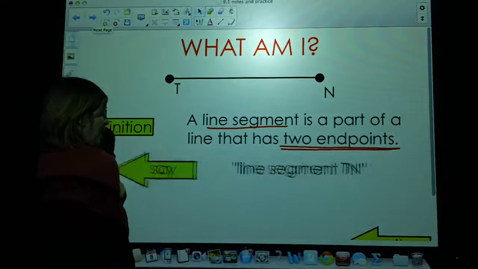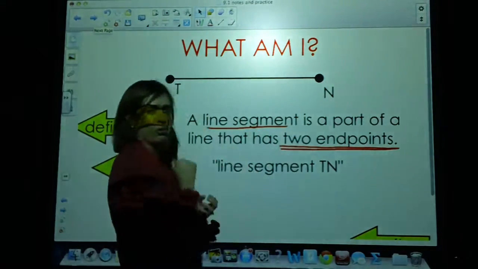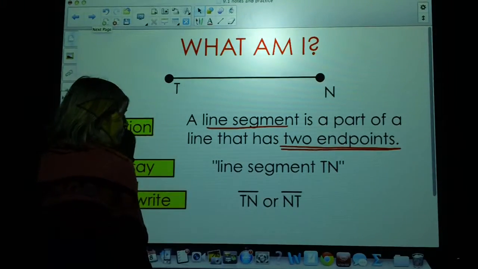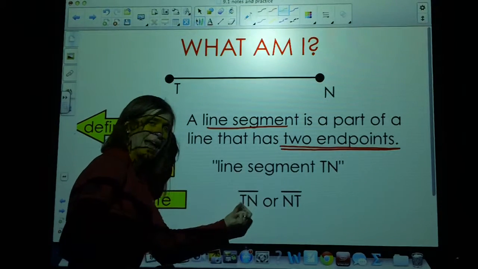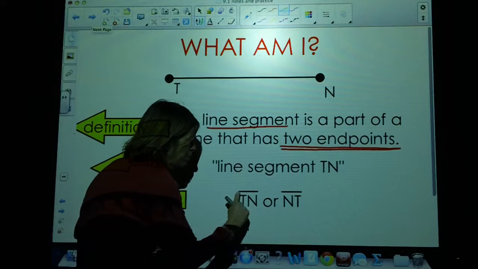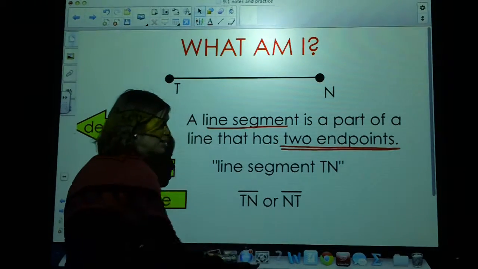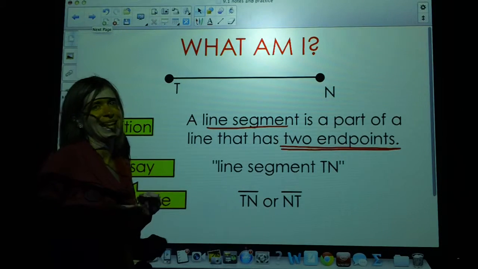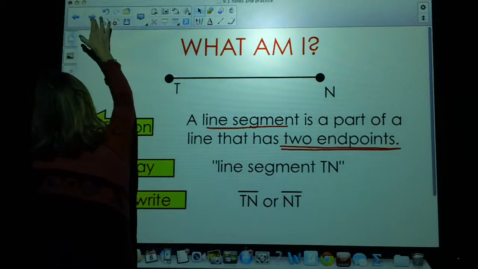We would say line segment TN, we would use those 2 points, and we would write it as TN or NT, the endpoints. We have to use the endpoints, and instead of putting a line with arrows, we're just going to put a line segment on top of those letters. So that's going to show me that it's a line segment versus a line. Okay? All right, keep going.